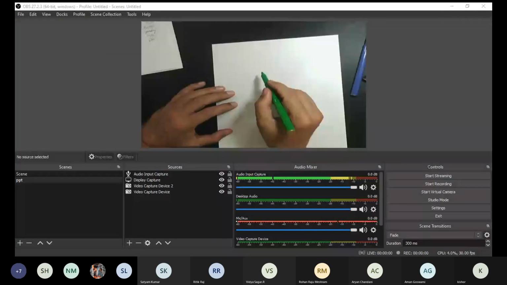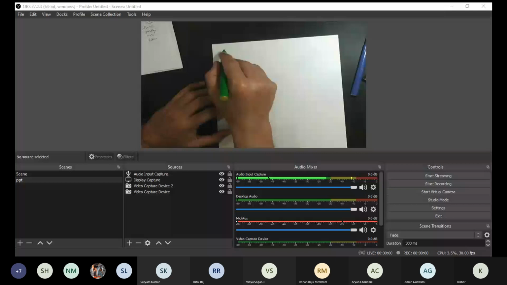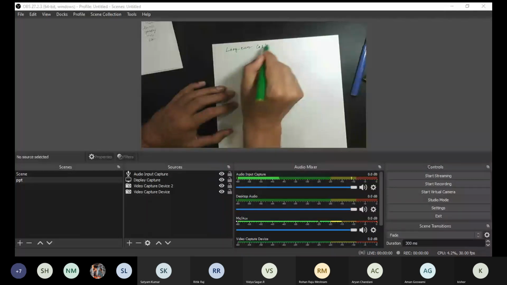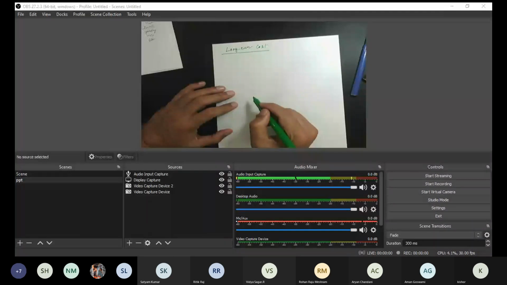Long run situation, suppose. A long run cost. So in long run cost, what happened?